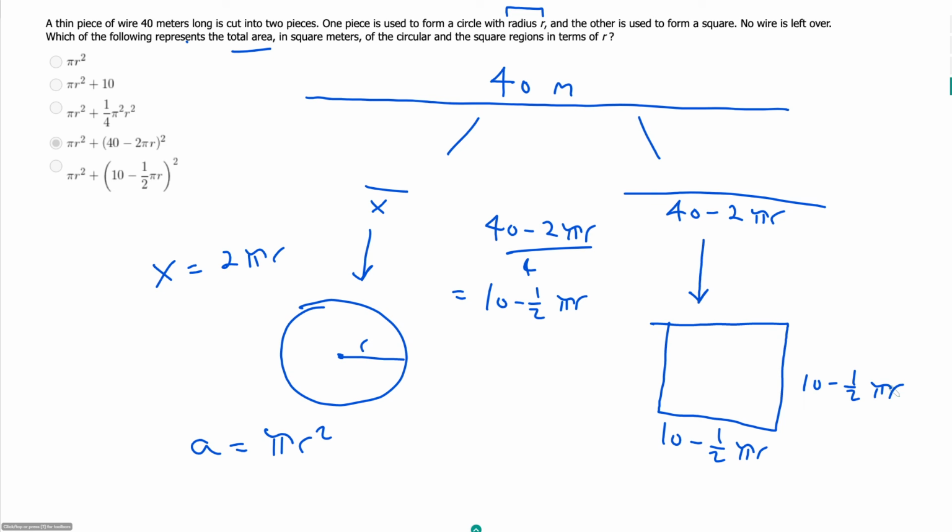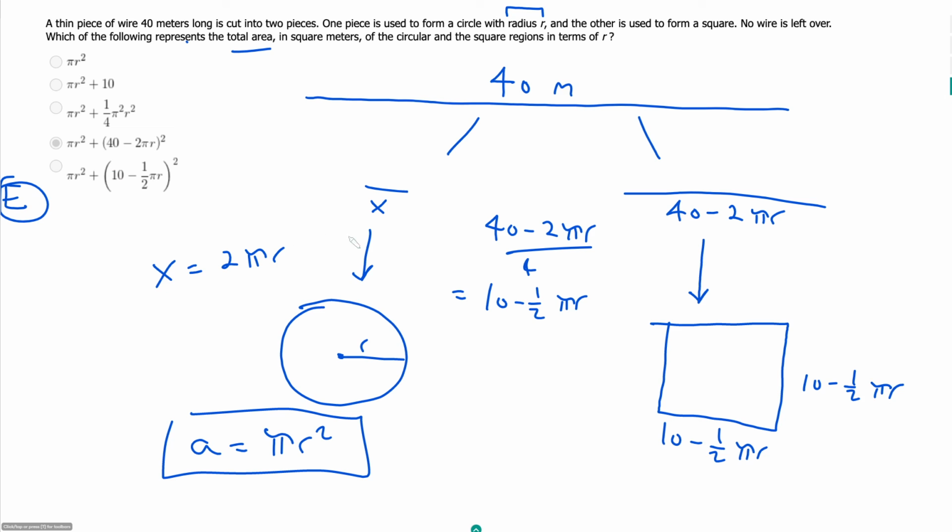So this is why I say this question is a little bit easier than you might think. You might be groaning, saying, okay, I want to find the area of this square, that's length times width, and I'm going to have to multiply these out. But you don't have to, because if you look at our answer choices, E is exactly what we are looking for, just not fully multiplied out.